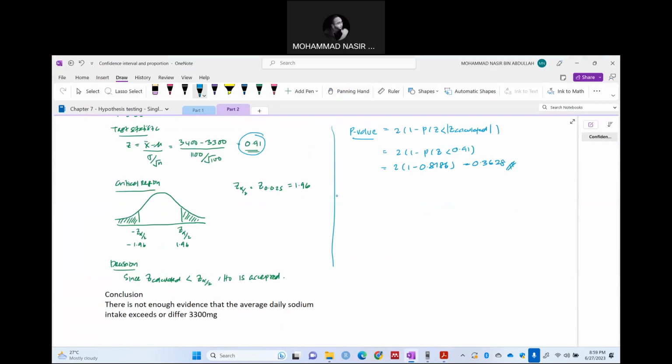So our decision is, since the p-value 0.3628 is more than alpha 0.05, null hypothesis is accepted. So we conclude based on the alternative hypothesis, the null hypothesis. So the conclusion is the same as this one.